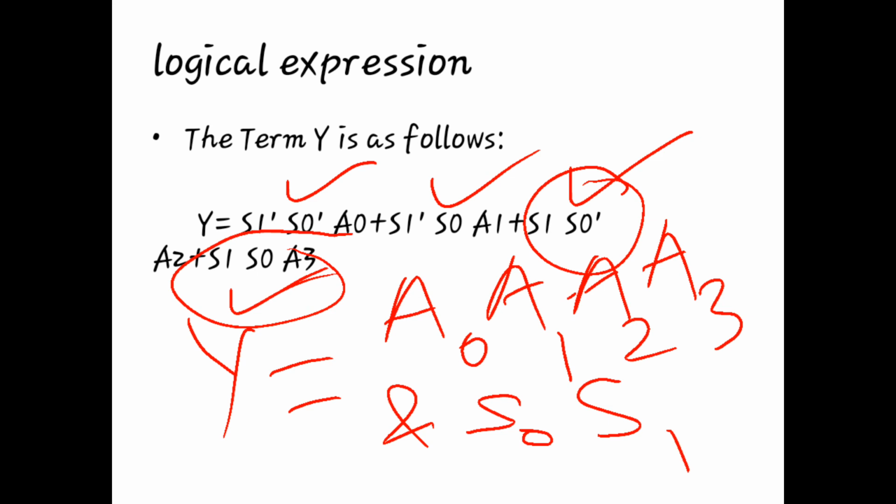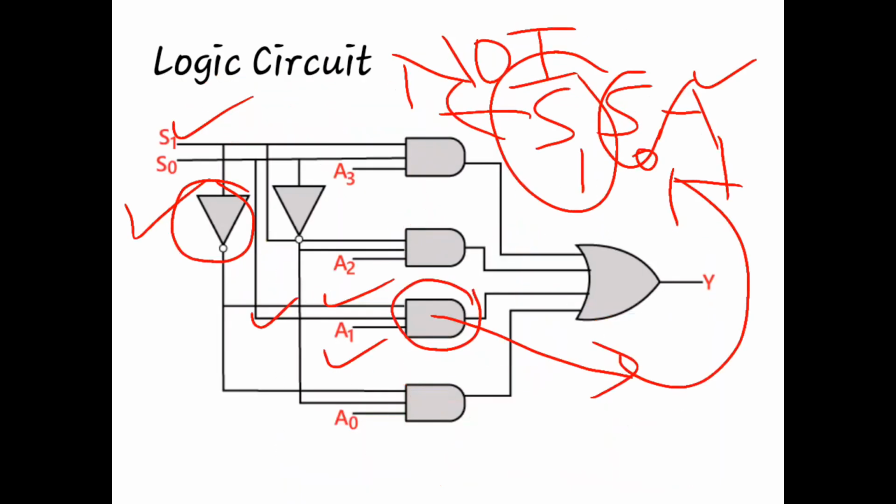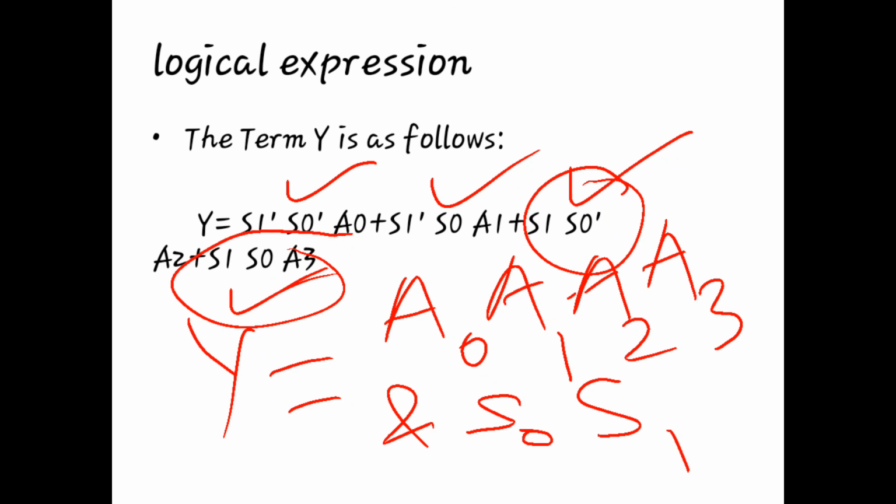Like in this example, A3 is the last input line, but in 8 by 1 the expression will be used with S2, S1 and S0, and the input lines A0 up to A7. It is a very simple one. One can simply write it like this.